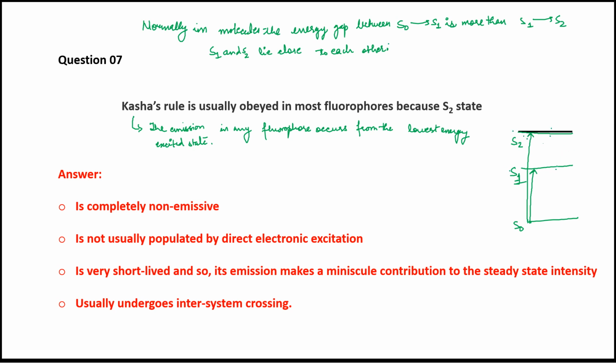Now, earlier we noticed that from S2 to S1, thermal relaxation, the non-radiative process, happens. Along with this, there is a chance that this S2 to S1 is also an emissive transition. This is emission.